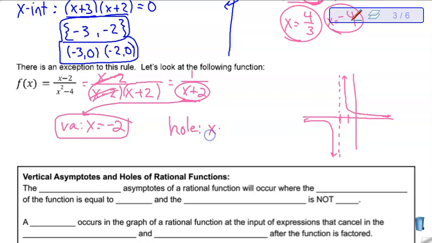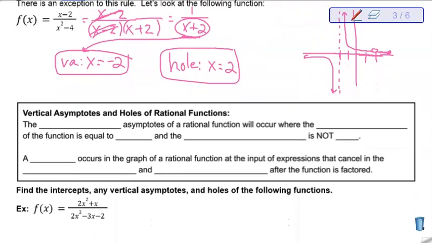There is a hole at x equaling 2 in my graph. So if I were to come over here and erase a little portion of this, like here, put my axes back in, at x equaling 2, I'm going to have a hole in my graph. And it would just skip over it, and it would keep going. And so that is the difference: when you actually have terms that cancel, that's going to create a hole.